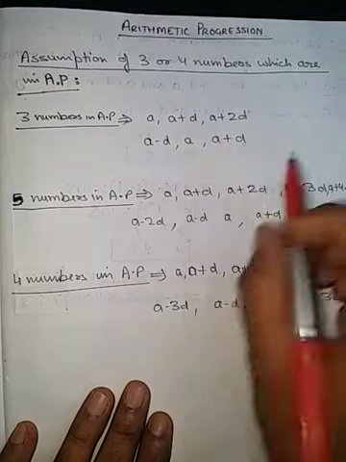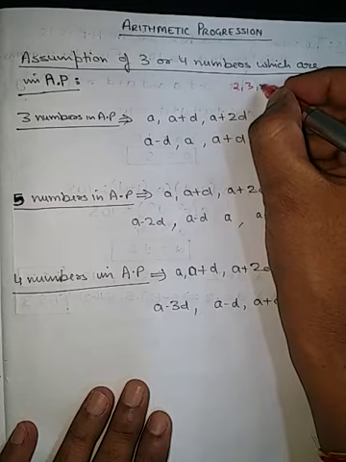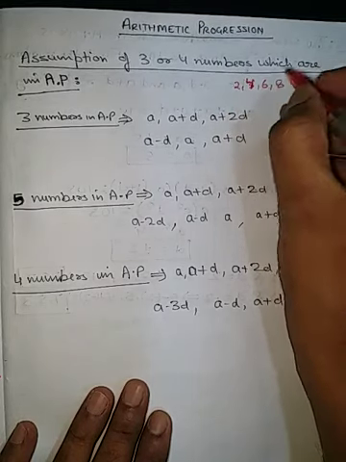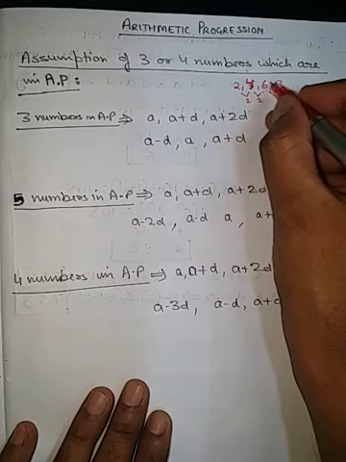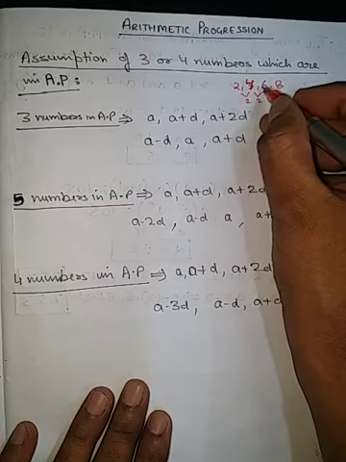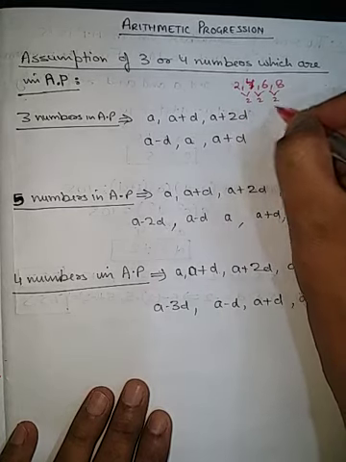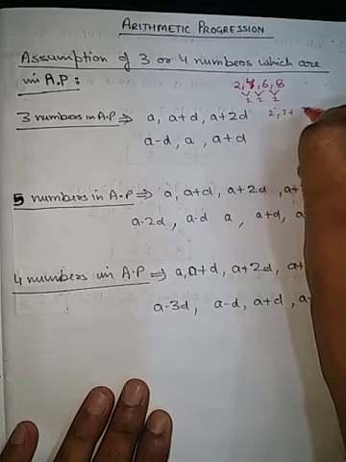And suppose we have any series 2, 4, 6, 8. So what is the difference between them? The difference between them is 2. 4 minus 2 is 2, 6 minus 4 is 2, 8 minus 6 is 2. So if we have the first number 2, how to get 4? Just add the common difference.